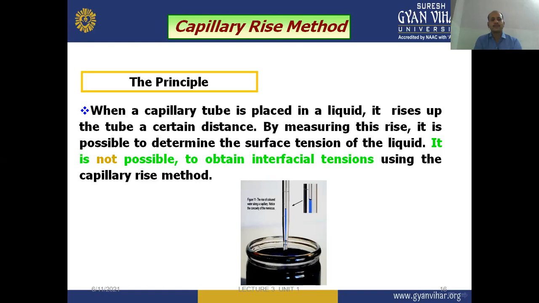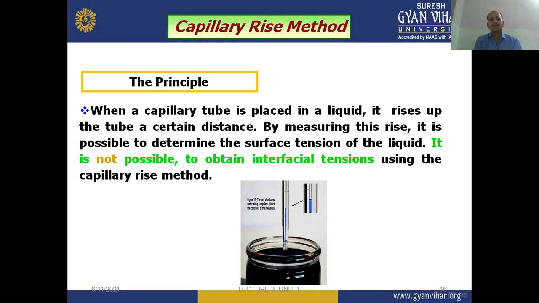So when we put a capillary tube inside the liquid in a beaker or in a container, the liquid will rise up in the tube up to a certain distance. By measuring this rise, it is possible to determine the surface tension of the liquid. It is not possible to obtain the interfacial tension using the capillary rise method.